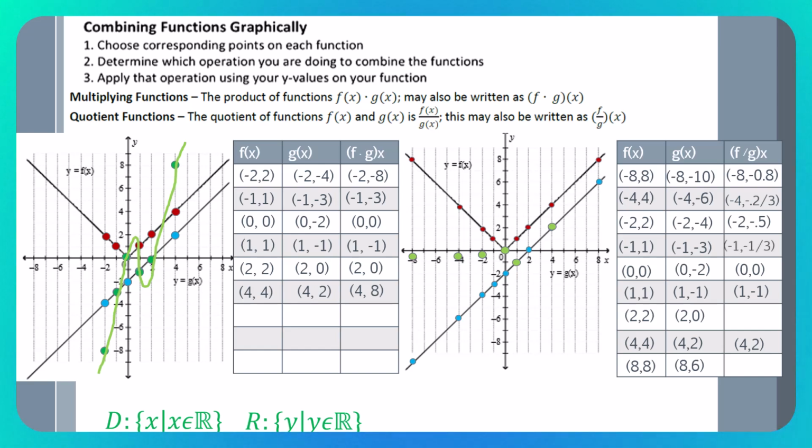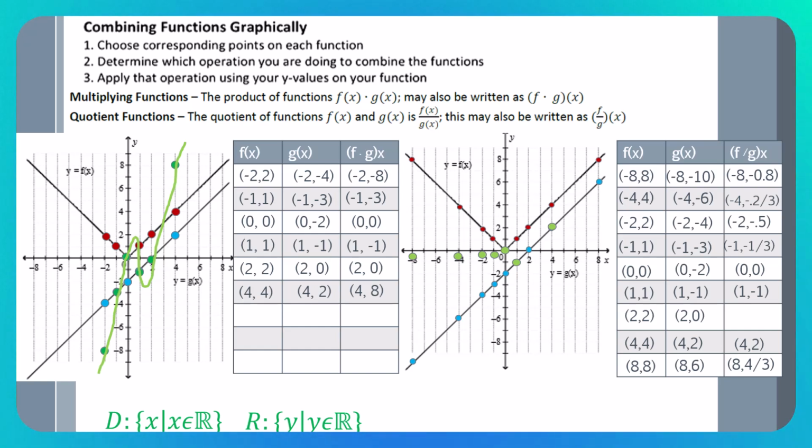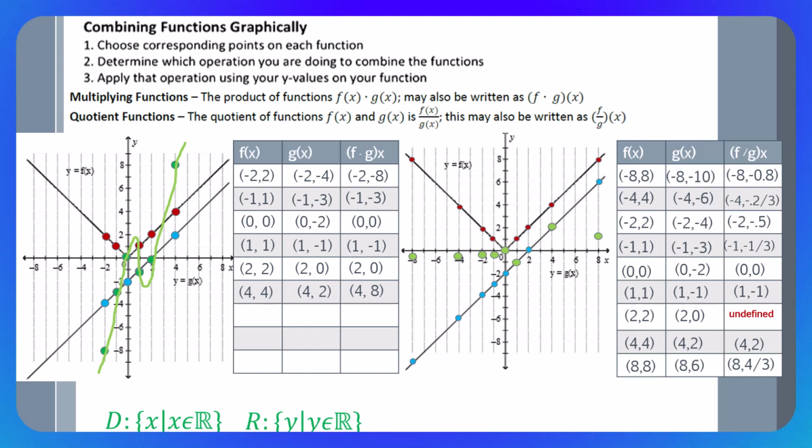And then I'm going to have to deal with these that are not so fun to deal with: the repeating decimal, -0.3 repeating, or -1/3. I'm going to skip 2 as my x-coordinate. I'm going to move down to 8. 8 divided by 6 reduces to 4/3. And then finally, 2 divided by 0 is undefined.